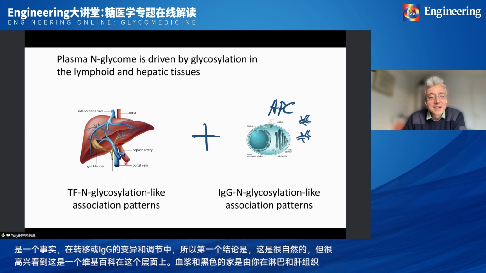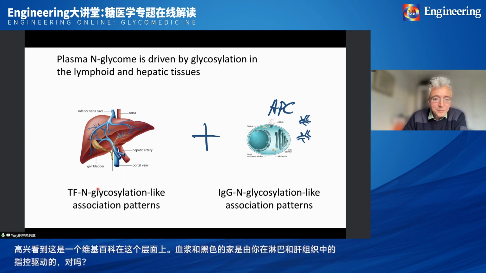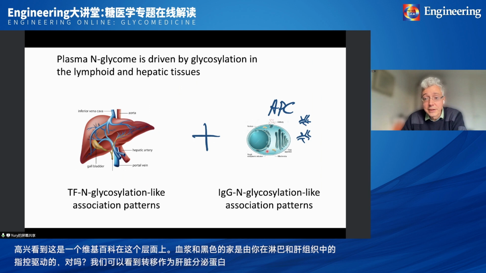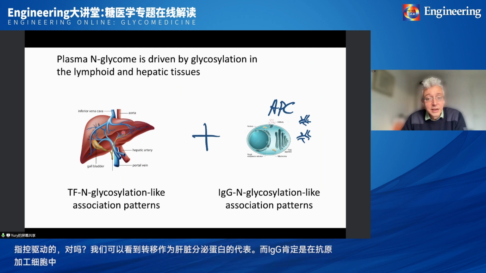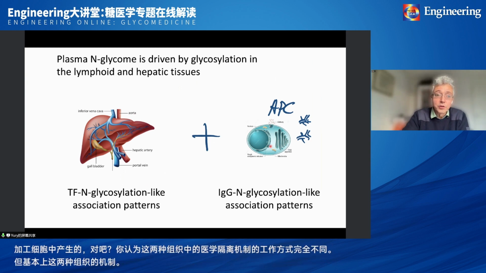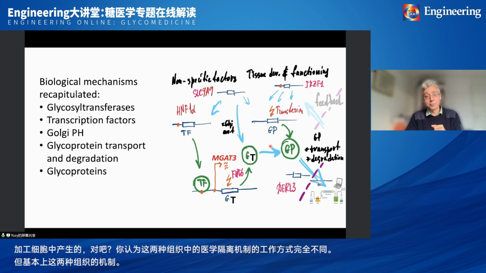We can see transferrin as a representative of liver secreted proteins, while IgG is definitely produced in antibody-producing cells, right? So you think of glycosylation machinery in these two tissues working quite differently, but basically the machinery of these two tissues is defining what you see in plasma glycome.